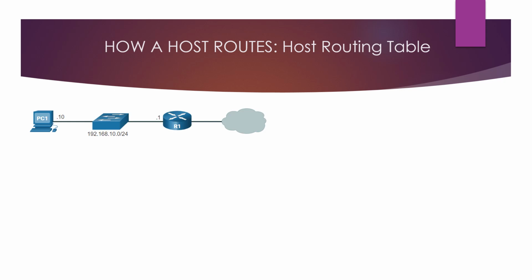In a Windows host, if we use the command netstat -r or the equivalent route print, we will be able to display the host routing table. Both of these commands will generate the same output, and the output may seem overwhelming at first, but it is fairly simple to understand.